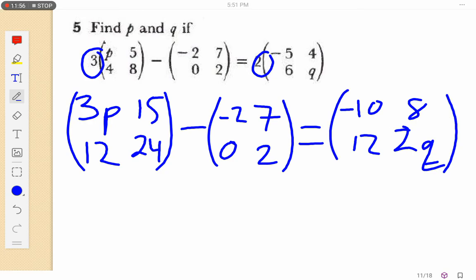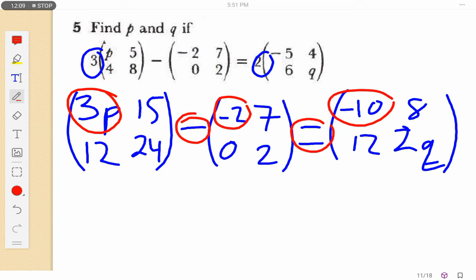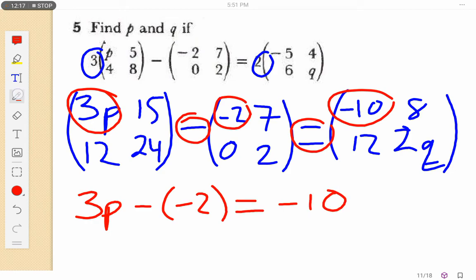Okay, like that. Now at this point, for us to get the value of p and q, you can simply do what we did. Number at the same corner, considering also the signs, is equal to minus 10. So I have 3p minus 2 is equal to minus 10. Okay, let's solve that one.